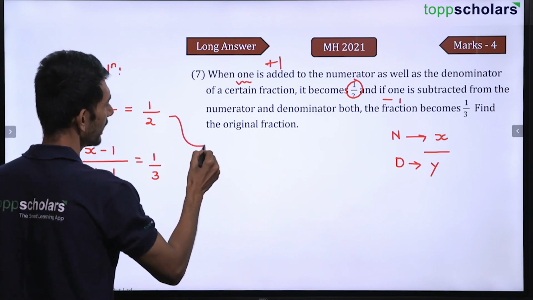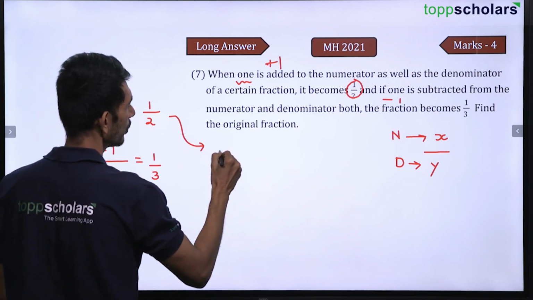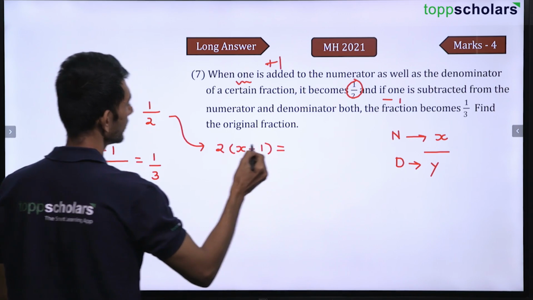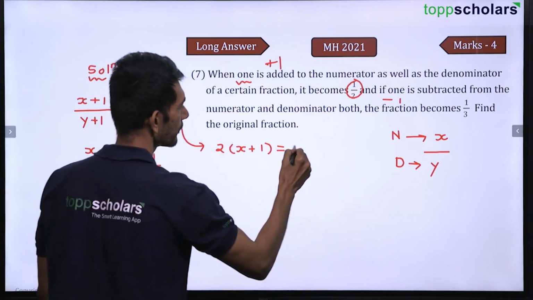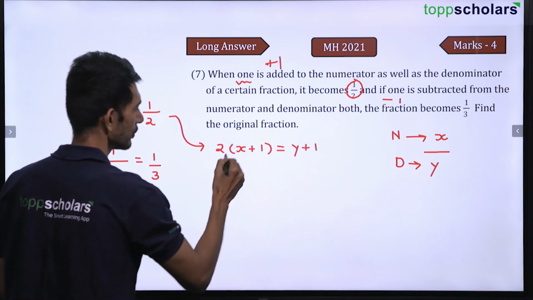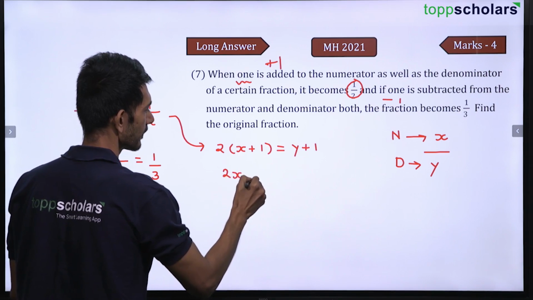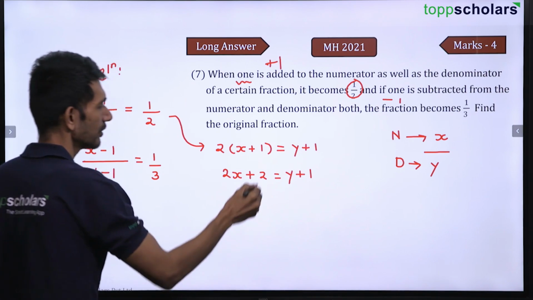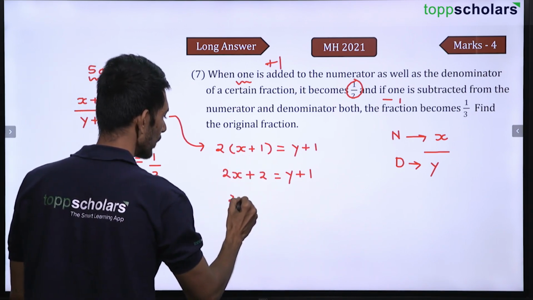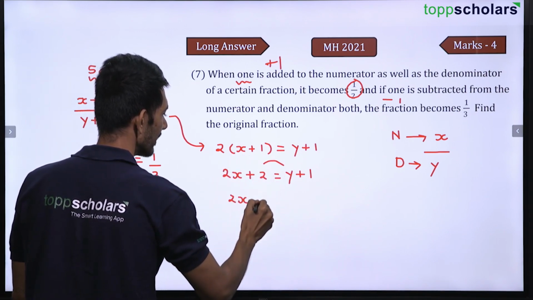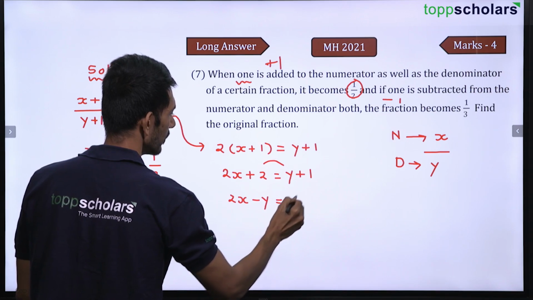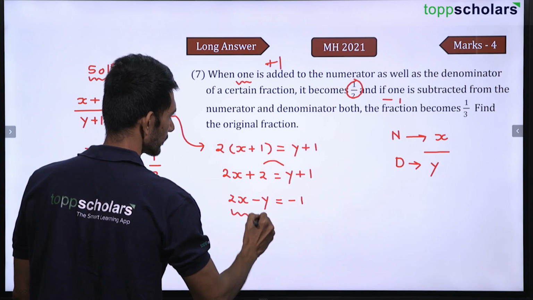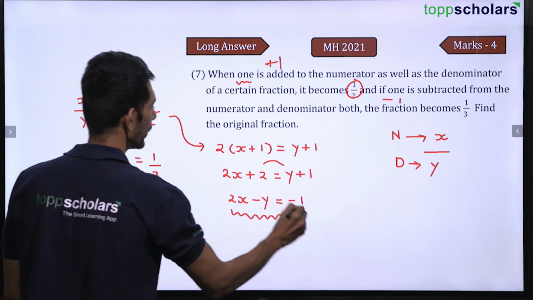If I solve this part, I get 2 into (x plus 1) is equal to y plus 1. So this becomes 2x plus 2 is equal to y plus 1. Take y on the left side, so 2x minus y is equal to 1 minus 2, that is minus 1. So this is your new equation.